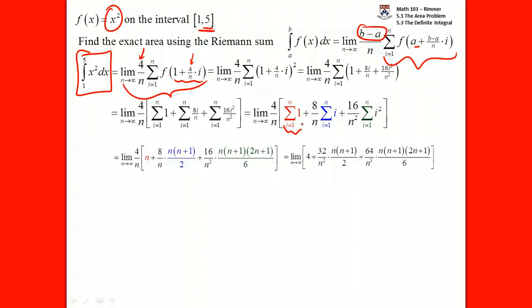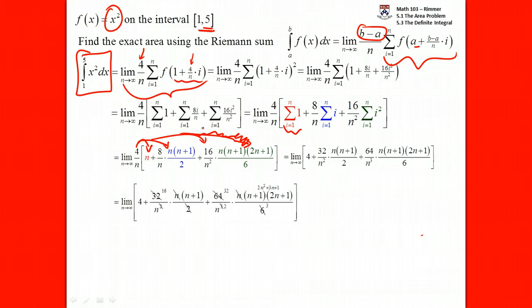To simplify, I need to pull things out. So let me put this 4 over n back in. Oh wait, I guess I've already done it there. Sorry. You put the 4 over n back in, cancel what you can, multiply out.